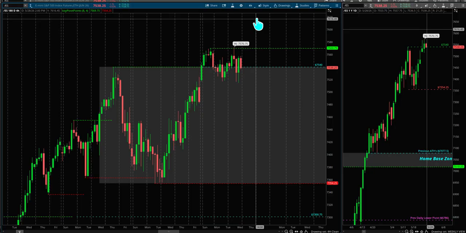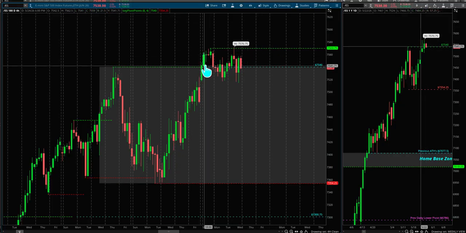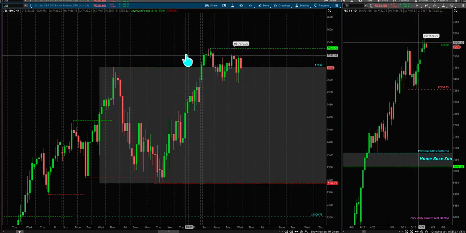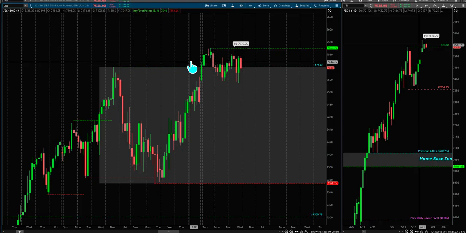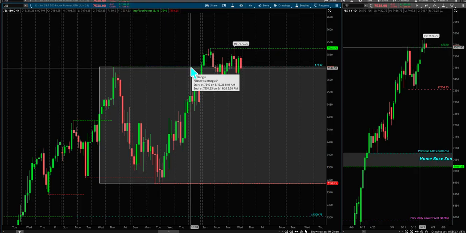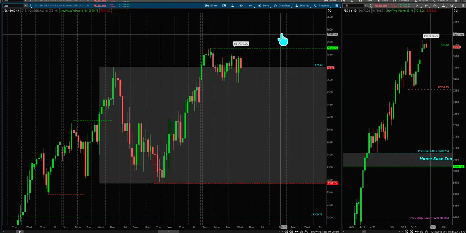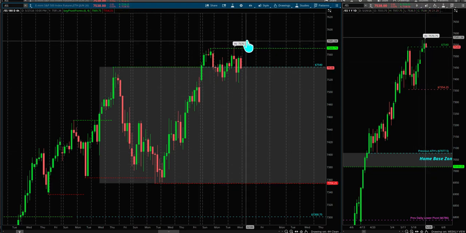Okay, now, if the market fails to hold above 75.40, as I talked about in yesterday's newsletter, getting under 75.40 places the market back inside of this 4-hour range. Okay, that's highlighted in gray.